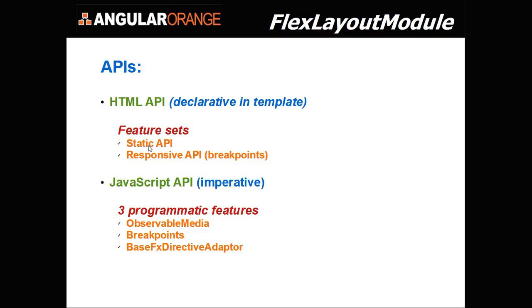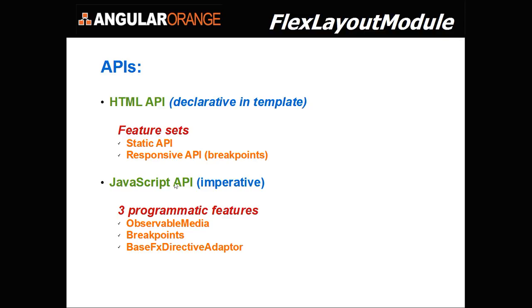So first you're going to look at the static API, and the out-of-the-box responsive API, which means you could hide and show elements based on device sizes and do all the stuff. And you could use the declarative directives in templates. Those are the features you want to focus on initially. But the responsive API goes a little bit deeper.